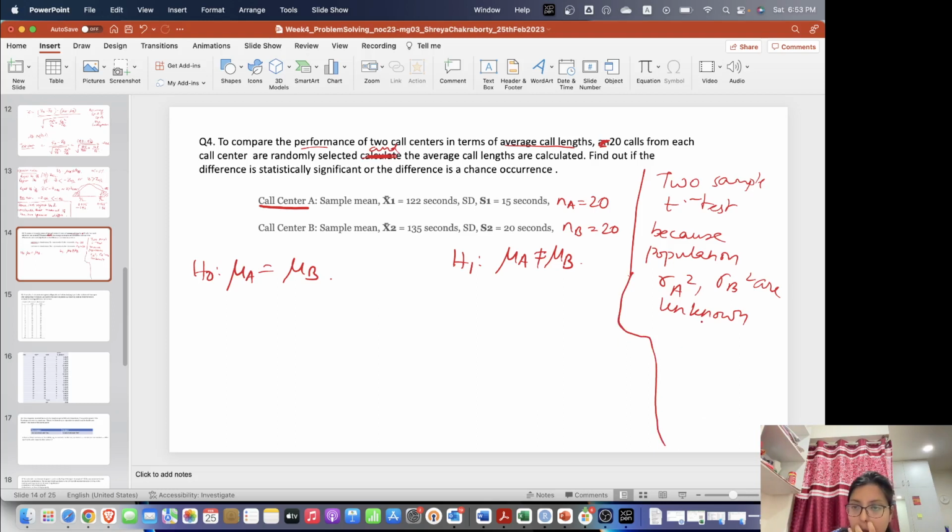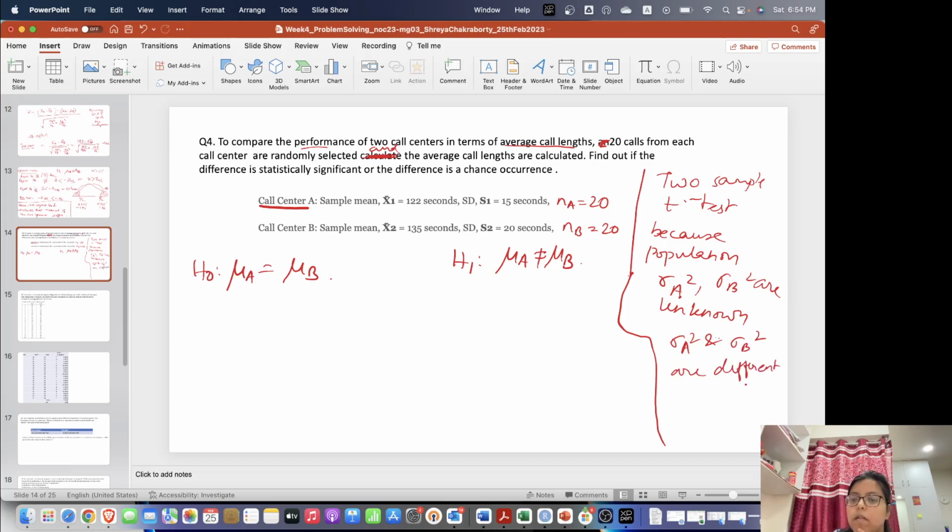Is it okay? Yes, ma'am. So instead of sigma A square and sigma B square, we are going to use the sample counterparts. And there is another underlying assumption that sigma A square and sigma B square are different.